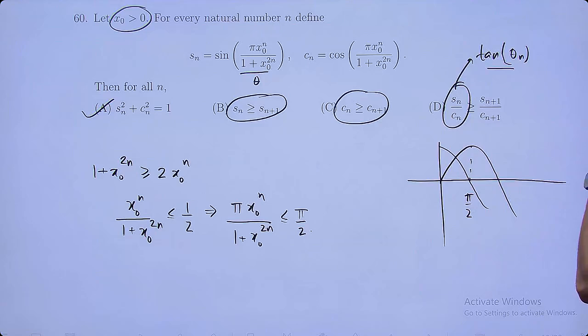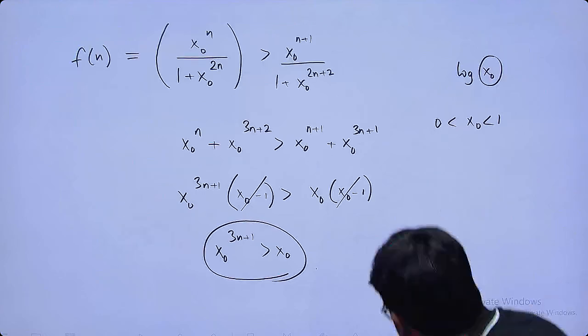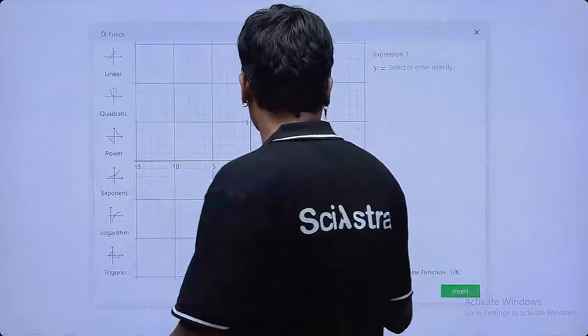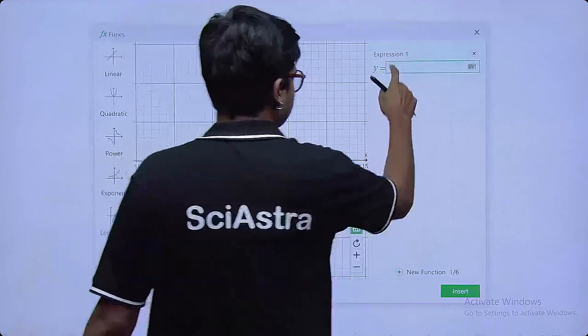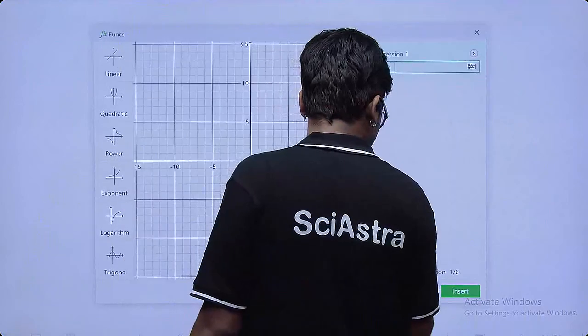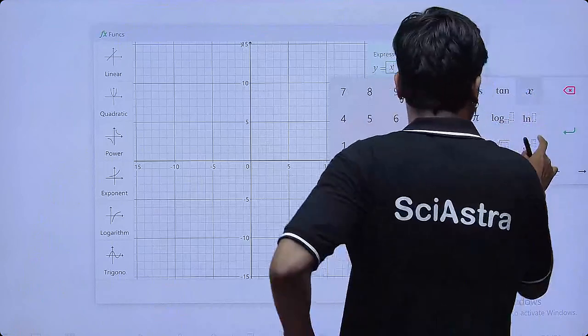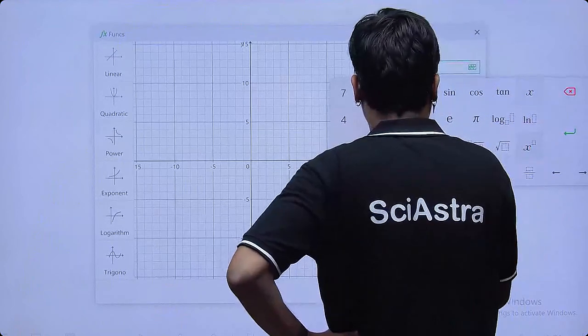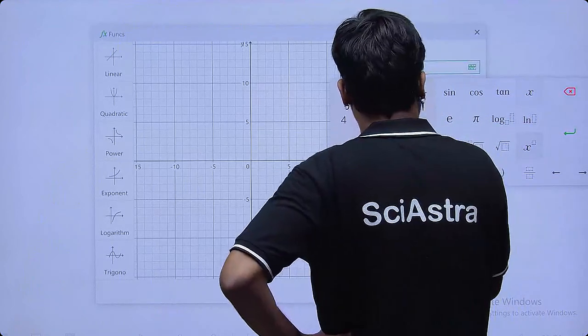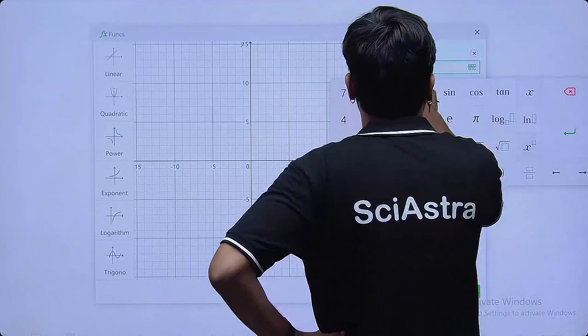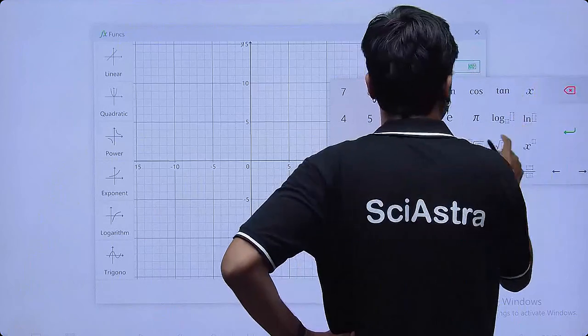One second. I think we can draw the graph and check once. So we want x to the power n. Let's just take some constant. Okay, let's check for an integer value. Let's go with 2.